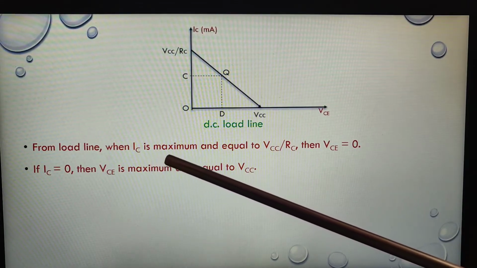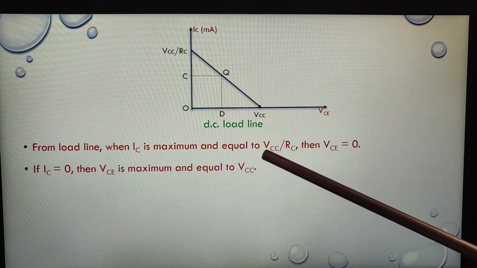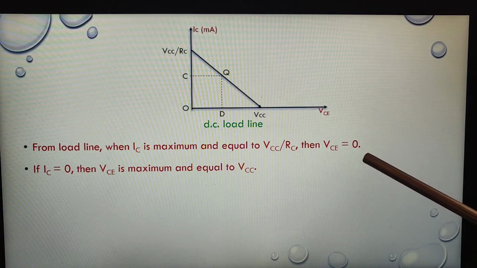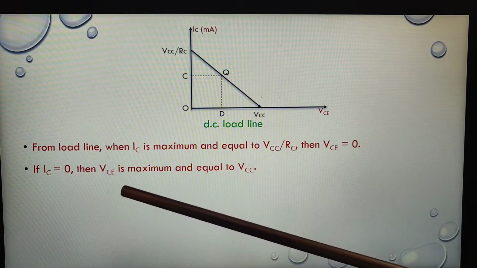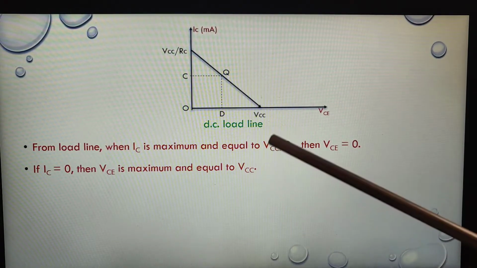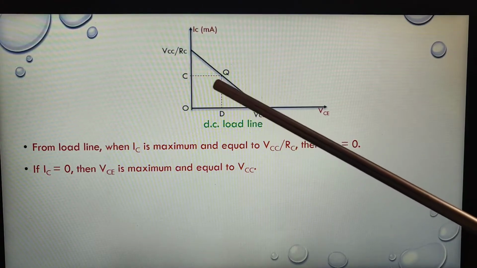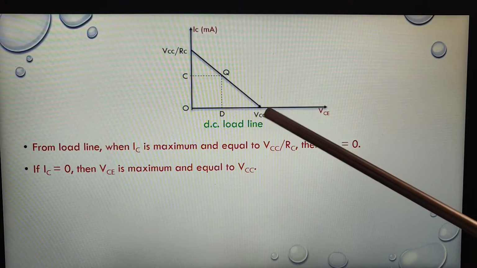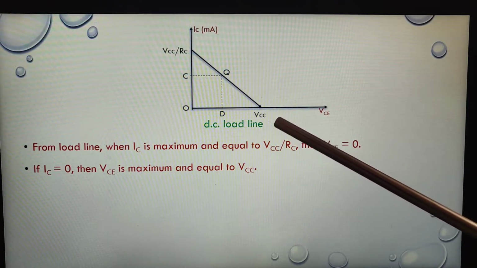From load line, when IC is maximum and equal to VCC upon RC, then VCE equal to 0. If IC equal to 0, then VCE is maximum and equal to VCC. So this is the DC load line corresponding to point A and B.